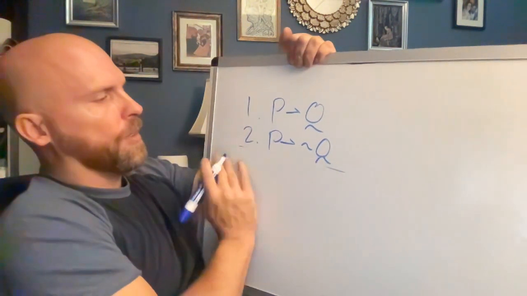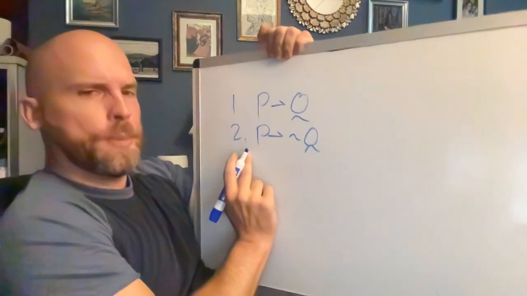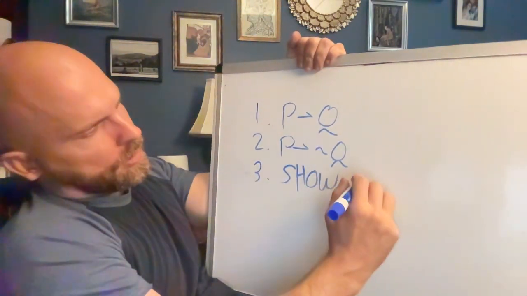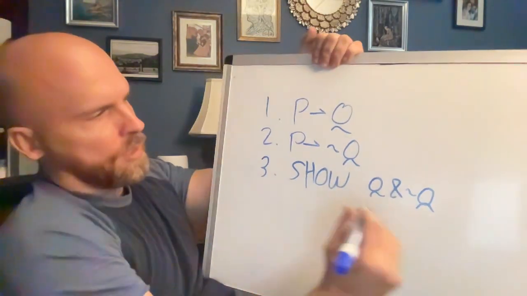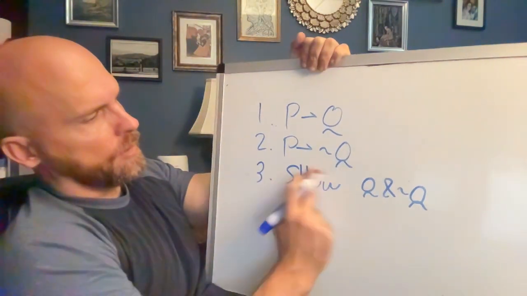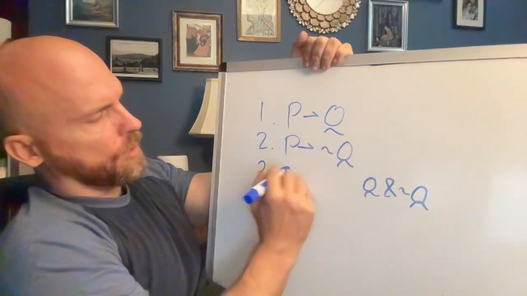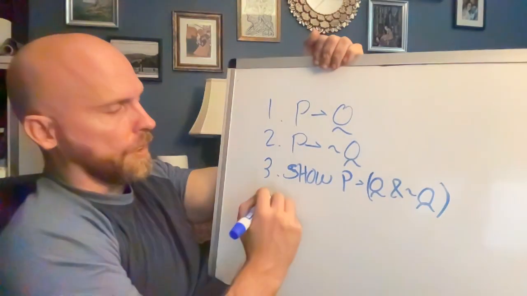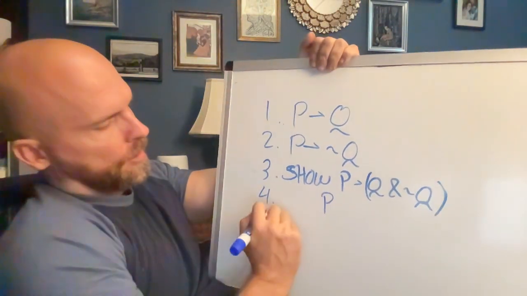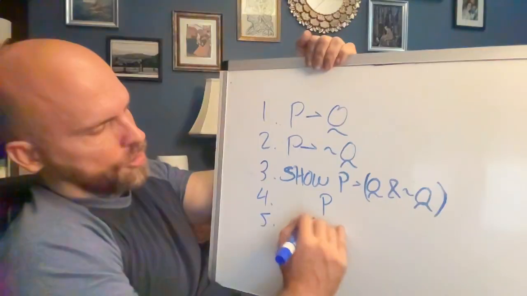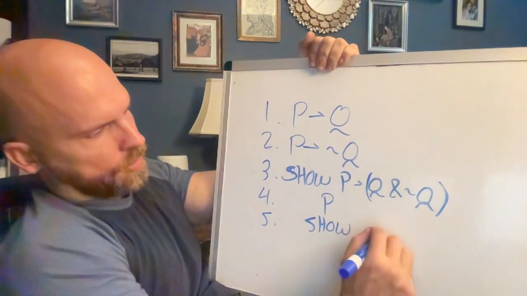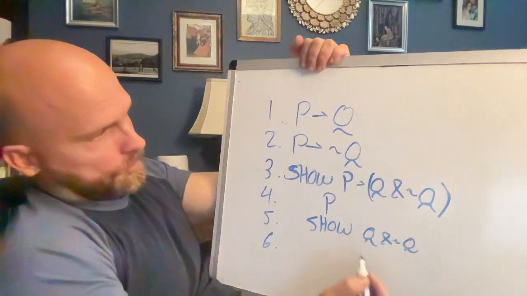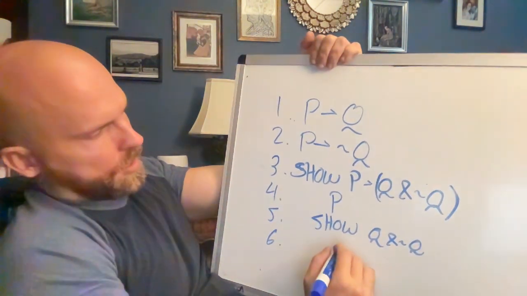I mean, you can derive that, right? I'll show you. Actually, let me show if P then not Q, or Q and not Q. Conditional P, and then we have show Q and not Q. We pull this down from 1 and 4.